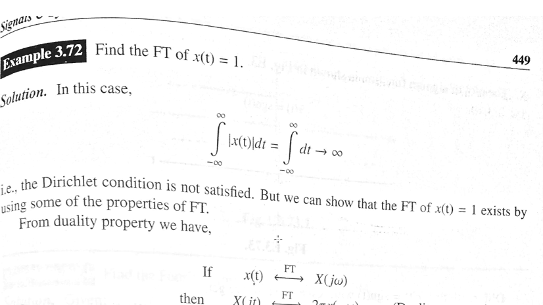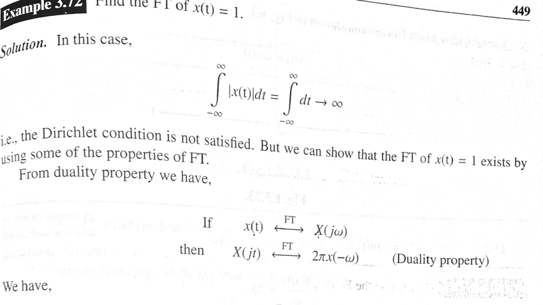Duality is one of the important properties of the Fourier transform, which says that if x of t and x of j omega are the time domain and Fourier transform domain representations, then when we exchange the variables, we use t with the time domain signal and omega with the frequency domain signal.